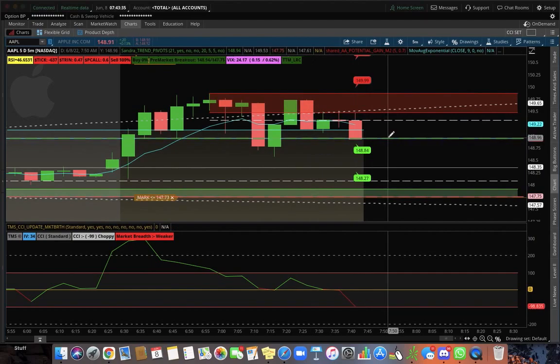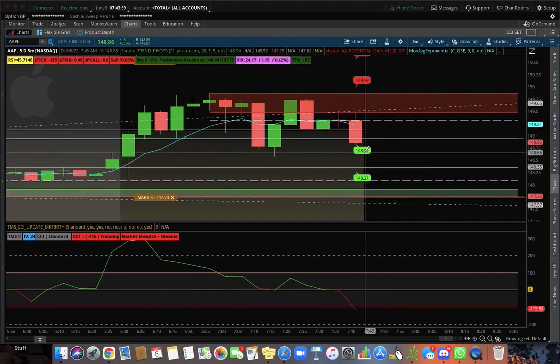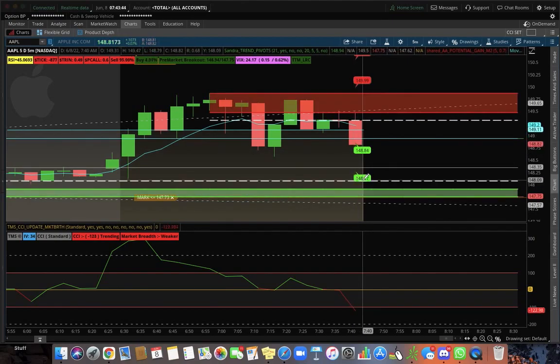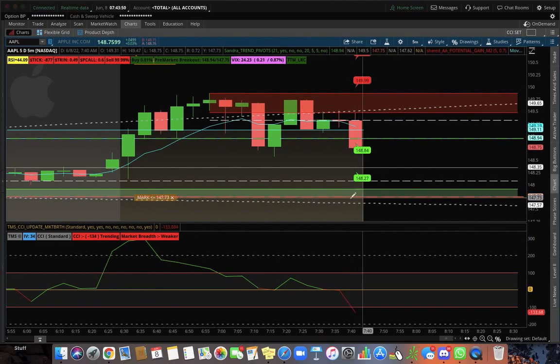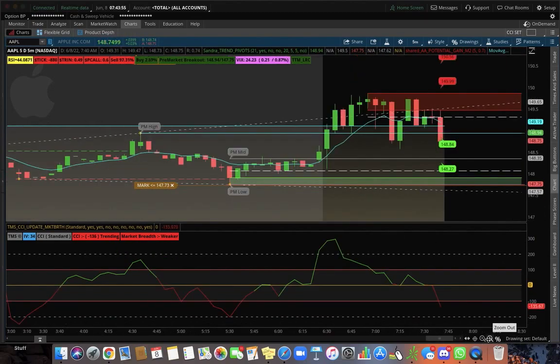If it starts to break below the pre-market high, then you can see that 148's coming, and then 148.27's coming, and then down here is its support where the green area is. So if it ends up breaking this little area, then you have a downtrending stock on a 5 minute, and you could buy a put on that.